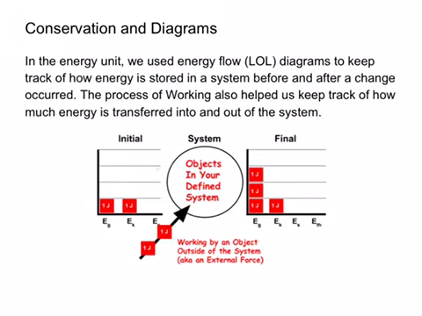Some type of external force must have transferred 2 joules of energy into our system, and now we have a total of 4 joules of energy in our system. So everything in terms of joules is accounted for. We found that LOL diagrams did a nice job of organizing all of these terms and complicated calculations.